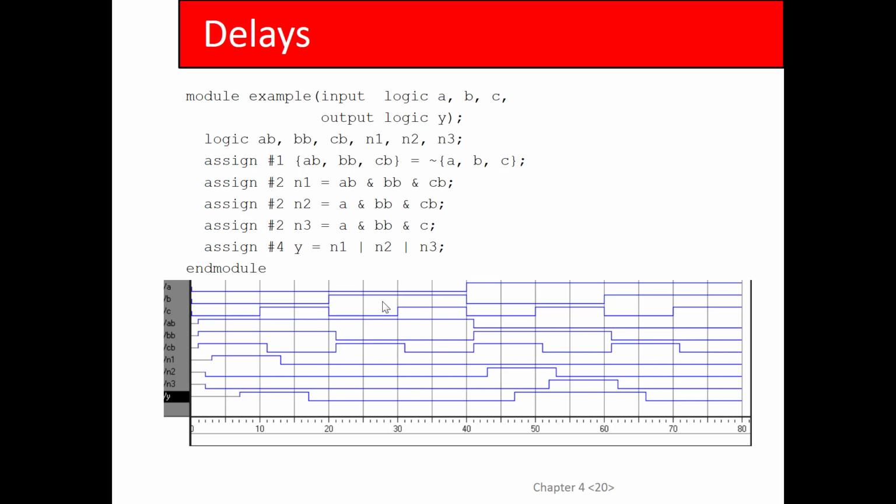So we've got some assignment statements here with, right after assign, delays listed. The delays allow you to add some delay because normally there's no delay. Normally the HDL is not tied to a particular technology, so there's no propagation delay associated with it.